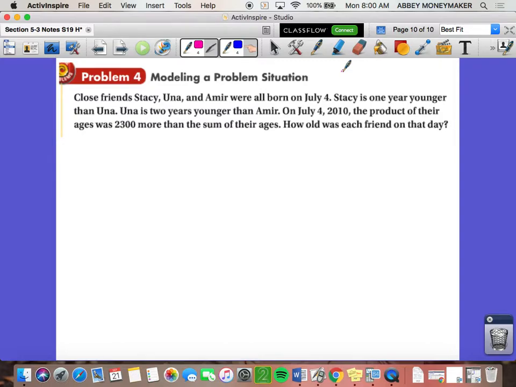So you have to decide who you want x to represent, okay? Do you want x to represent Stacy? Do you want x to represent Una? What would you prefer? I'm going to go with Una equals x. Let's say Una is equal to x.